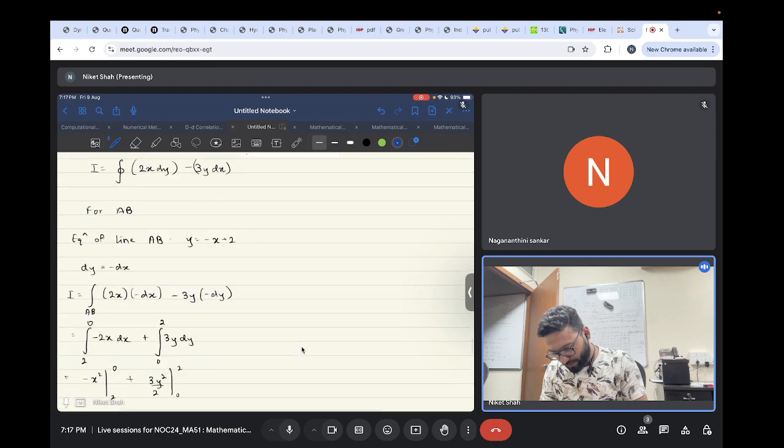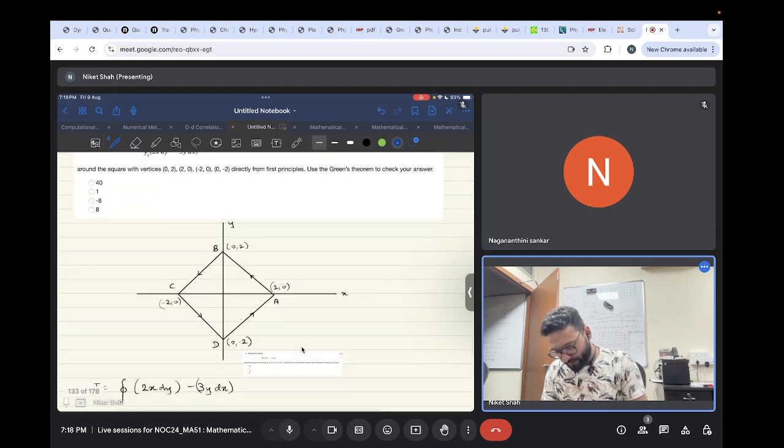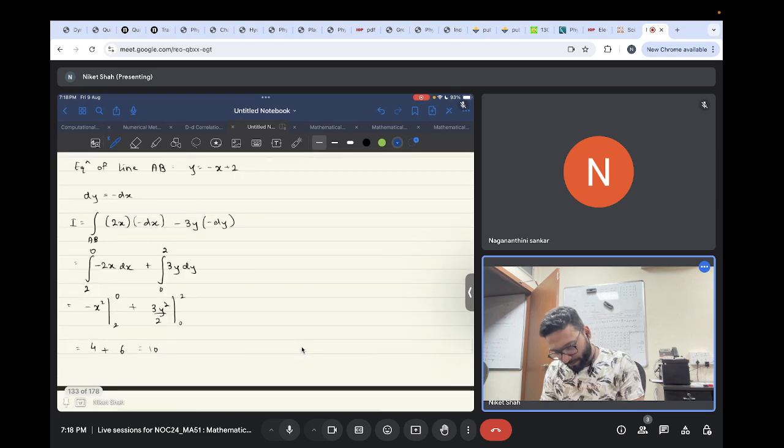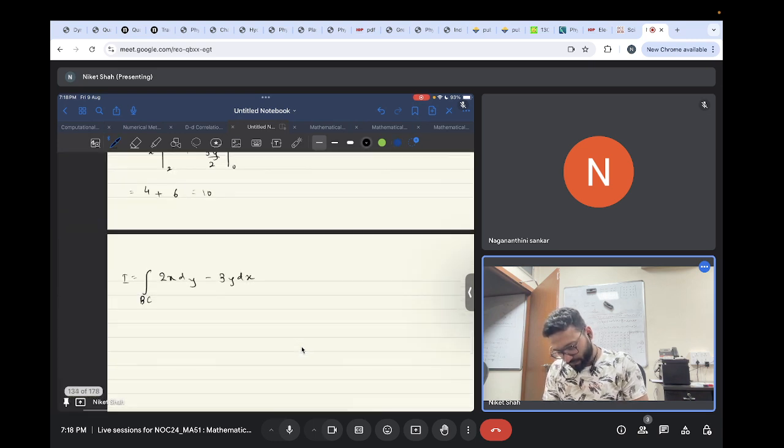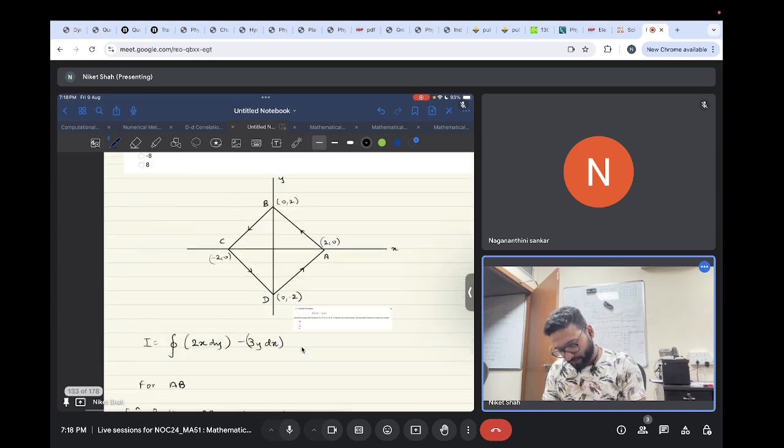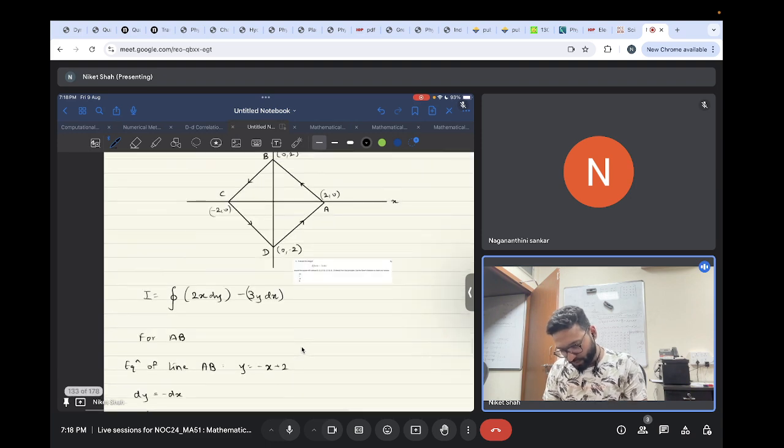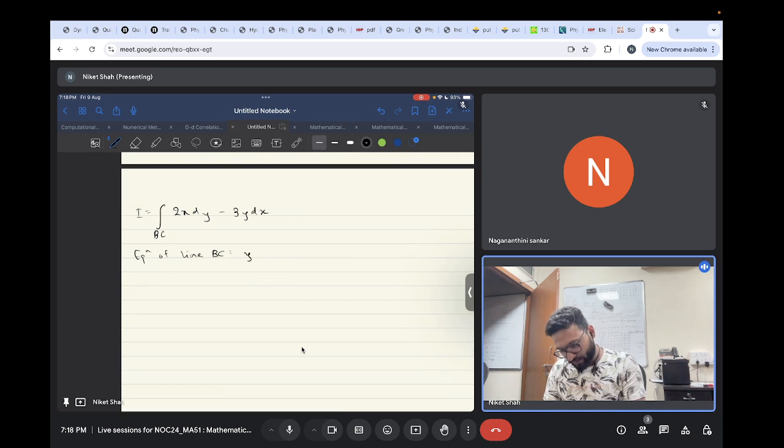Okay, so along BC, what's the equation of the line? Y is equal to this. The slope is 1, right? Y is equal to mx plus c.